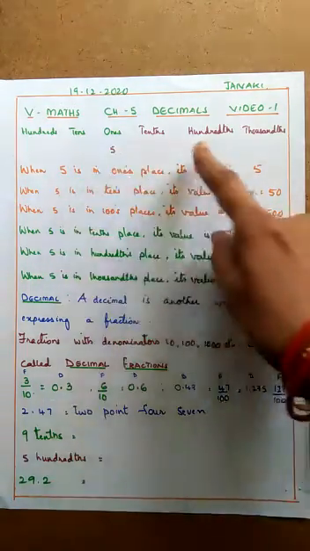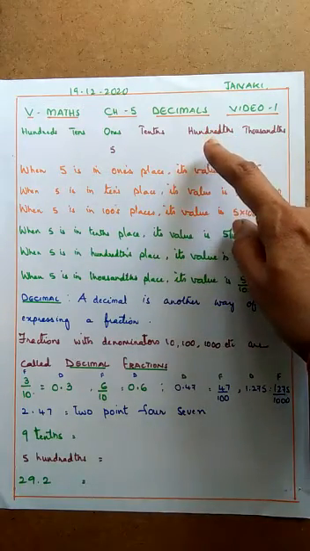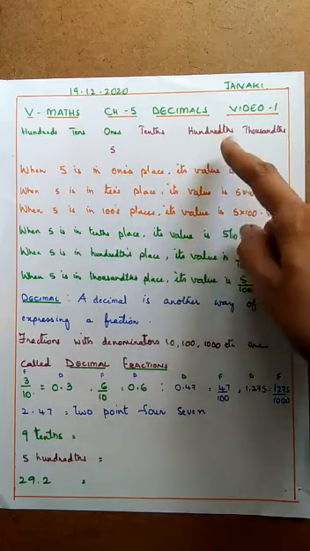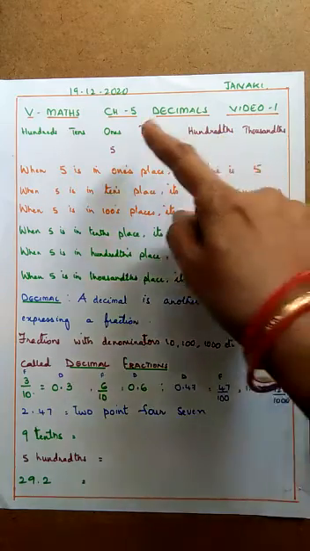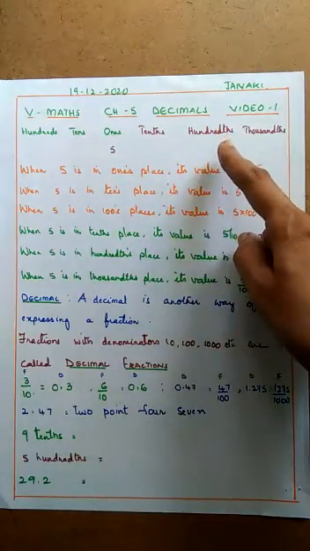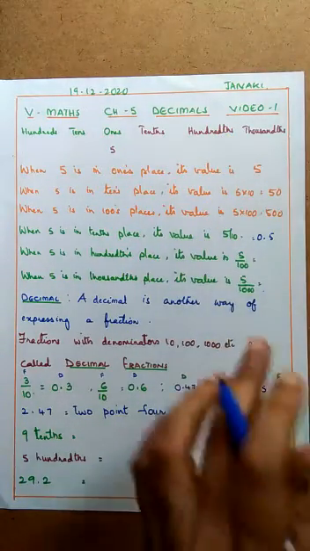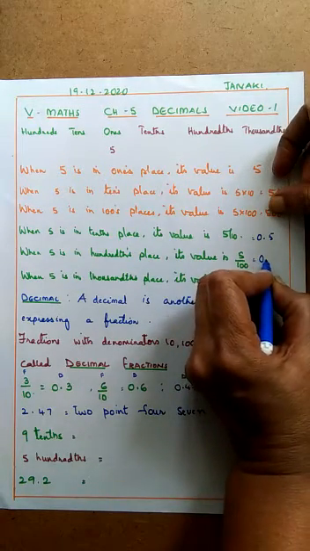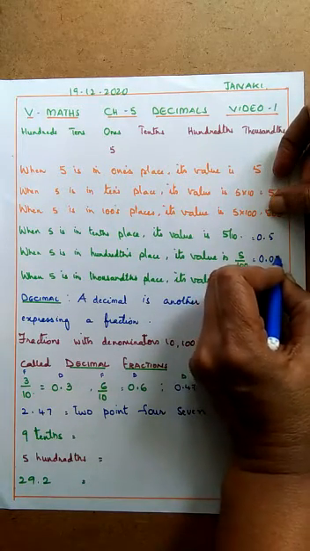Now if 5 moves on to the hundredths place, that is the place which is 10 times less than this, but 100 times less than 1. So its value is 5 by 100 and we write it as 0.05.